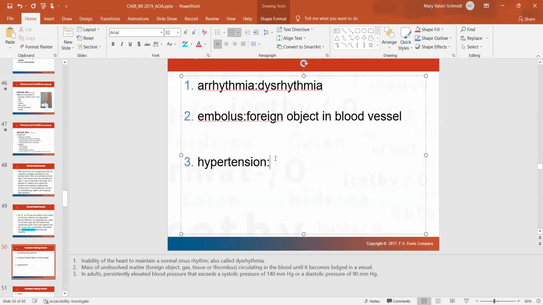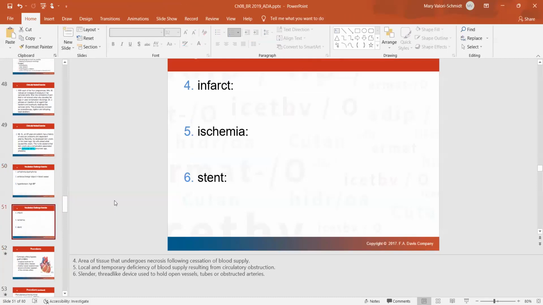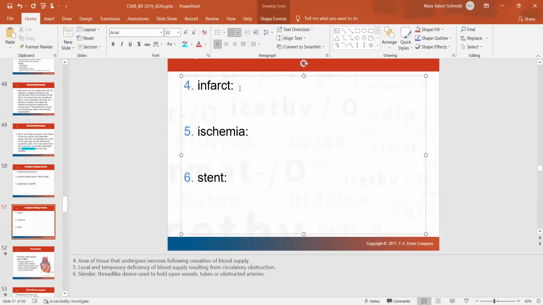And then hypertension. That's an easy one. High blood pressure, high BP. Exactly. And what is an infarct? So a myocardial infarction, right? What's the infarct part? Dead tissue.